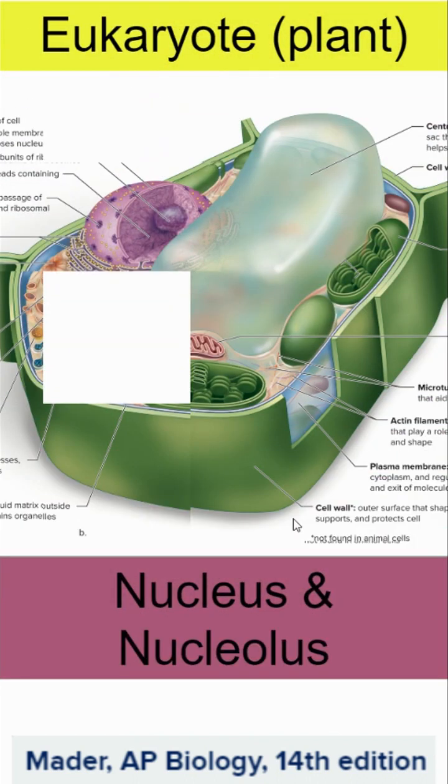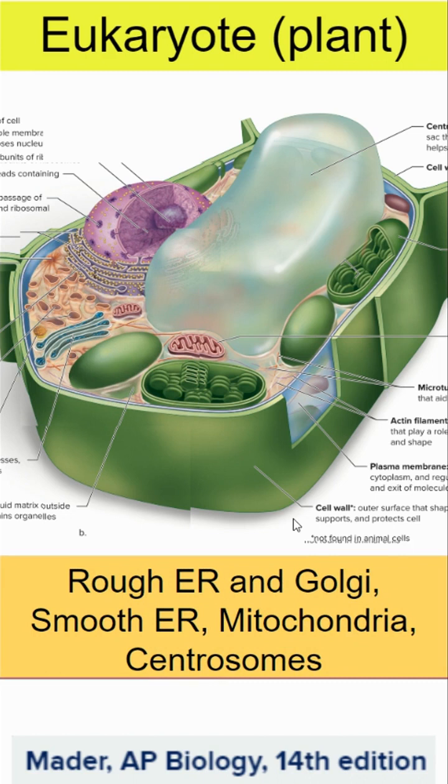Plant cells also have the nucleus, which stores DNA and genes, and the nucleolus, which makes ribosomes. It also has rough ER, again synthesizing proteins, and the Golgi complex, which is modifying those proteins and directing them to their targets. The smooth ER is going to synthesize lipids.